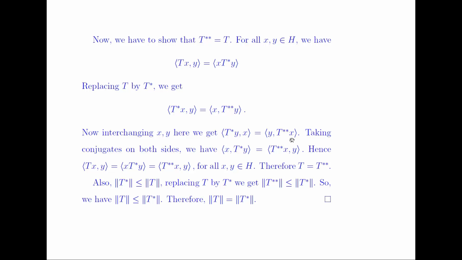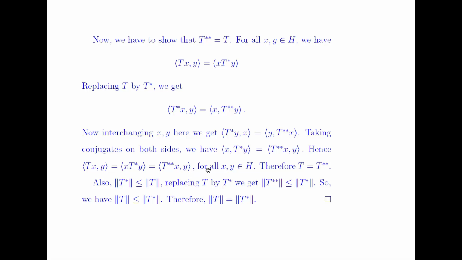Taking conjugates on both sides, we get the inner product of x comma T star y is equal to the inner product of T star star x and y. Hence from these equalities, the inner product of Tx comma y is equal to the inner product of x comma T star y, which is equal to the inner product of T star star x comma y for all x, y belonging to H.